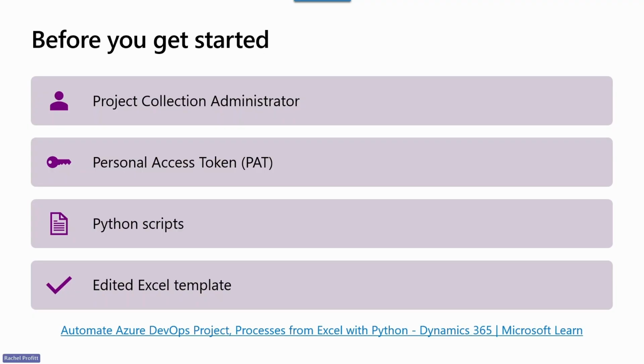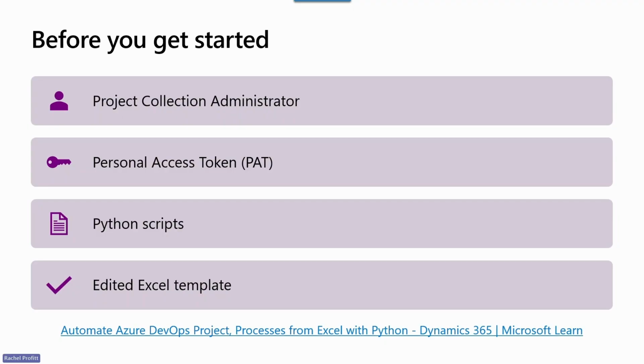And that is because we're creating a new process that inherits from the Agile process. And we're also creating new projects. If you only have the project administrator, you won't be able to create the new process. You'll also need to create a personal access token. I'm not going to walk through in great detail the steps for creating a personal access token.